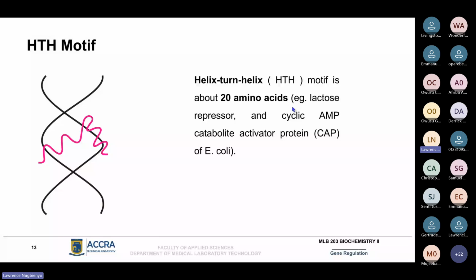Now, you also remember that when we were talking about the activation of the lac operon, after the repressor leaves the operator region, the gene is activated by a complex of the catabolite activator protein and cyclic adenosine monophosphate. So we are only building on what we have studied previously.